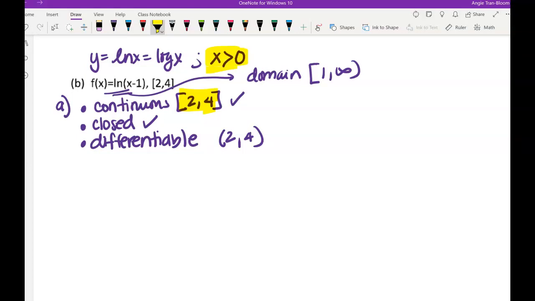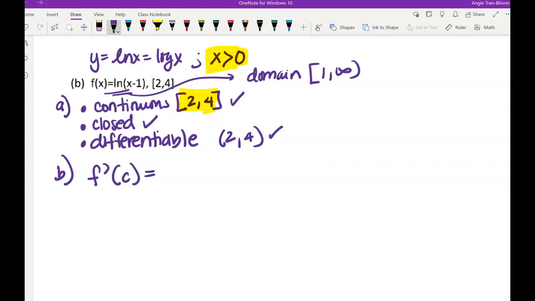Since this is a translation to the right, your domain is from 1 to infinity, so on the open interval 2 to 4, it will be differentiable. So all 3 criteria we have met, so it will satisfy the mean value theorem. Okay, so check, check, and check. Part B, if it does meet it, then we have to find a C value.